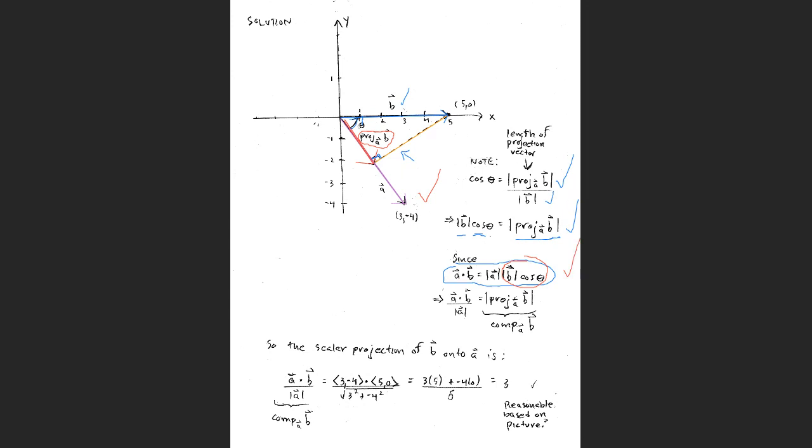And so that means the length of the projection vector of b onto a is equal to a dot b, that dot product, divided by the length of a.